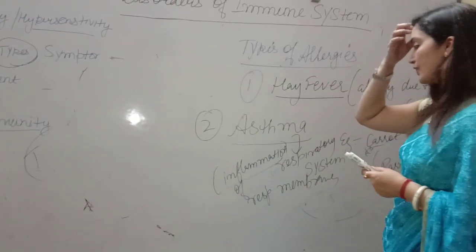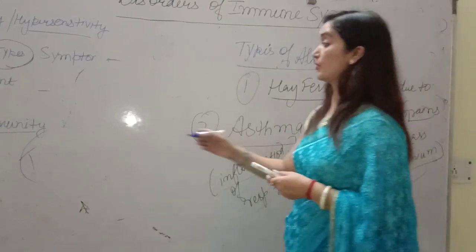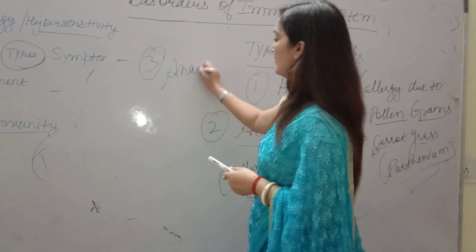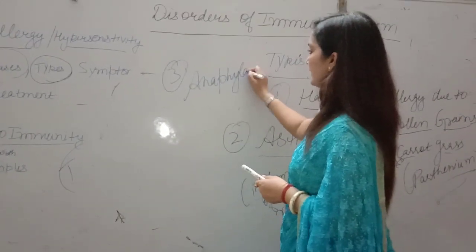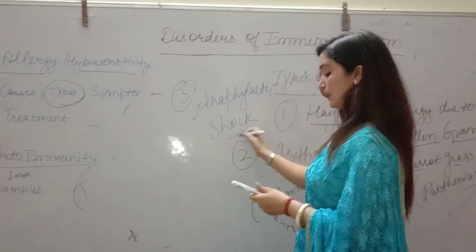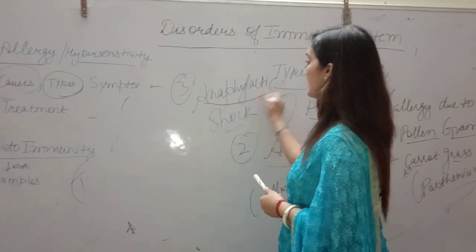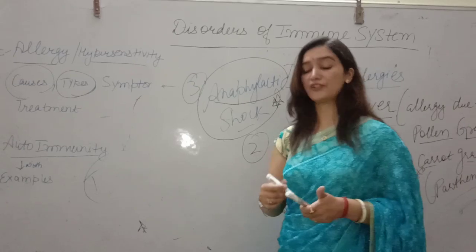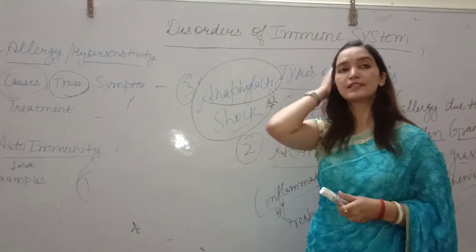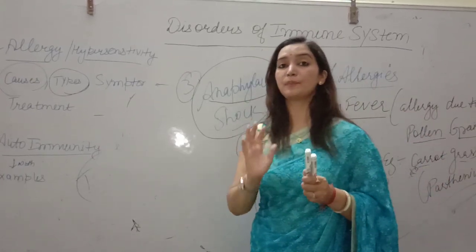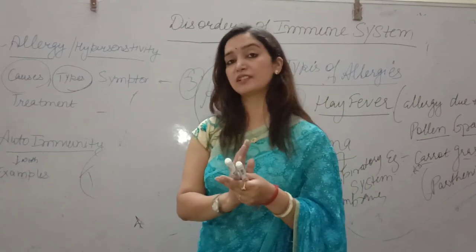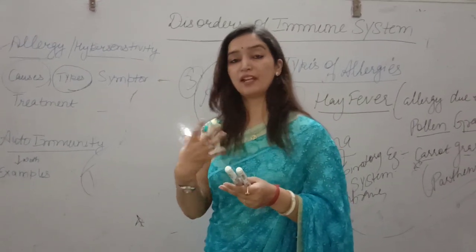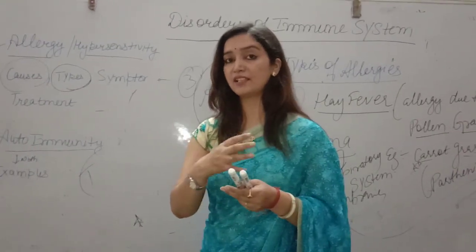Okay, so now we are coming to one more type of allergic response, that is fatal also, students, that is anaphylactic shock. As the name suggests, it is a very quick allergic response. Sometimes some foreign particles, that may be some antibiotic, for example a person is injected with an antibiotic, that is penicillin.